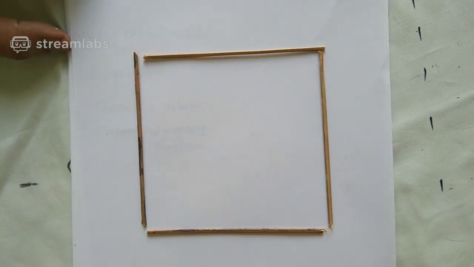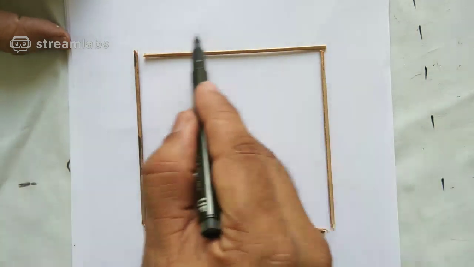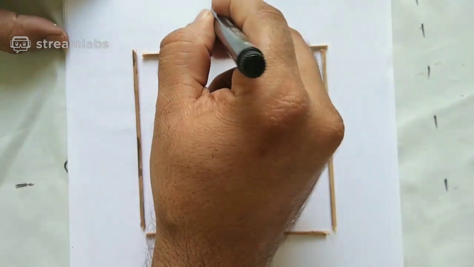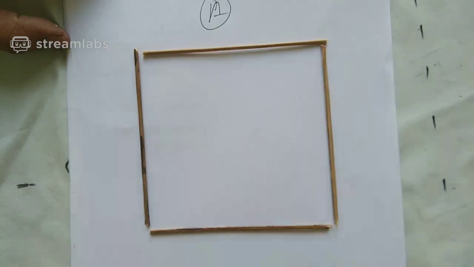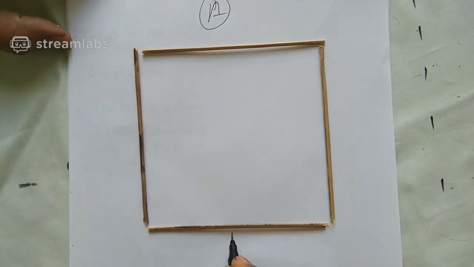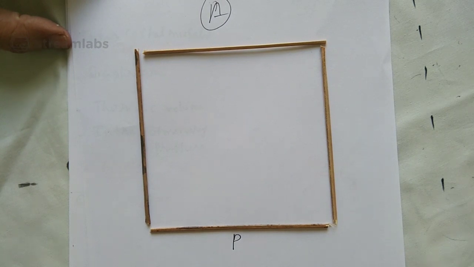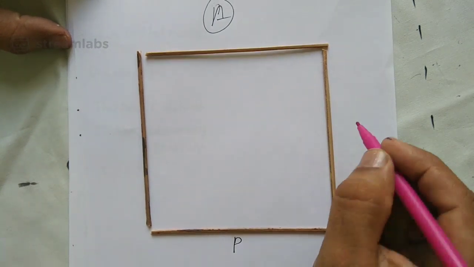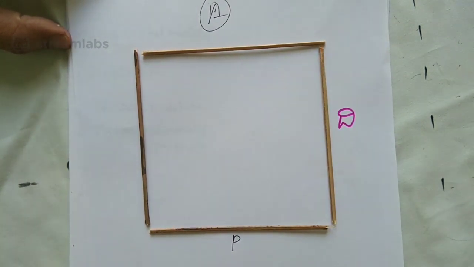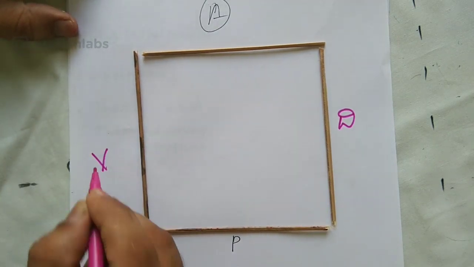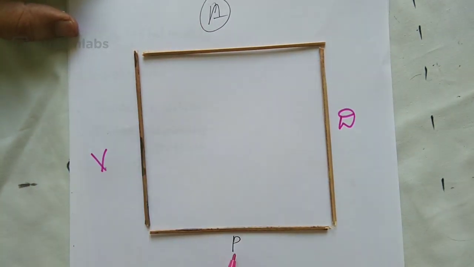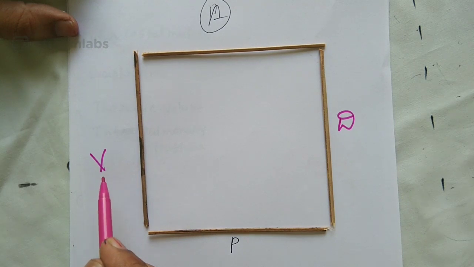In this part, whatever you see is the anterior portion, and whatever you see here is the posterior portion. And whatever you see here is the dorsal portion, and whatever you see here is the ventral portion. Once again, anterior, posterior, dorsal and ventral portion.